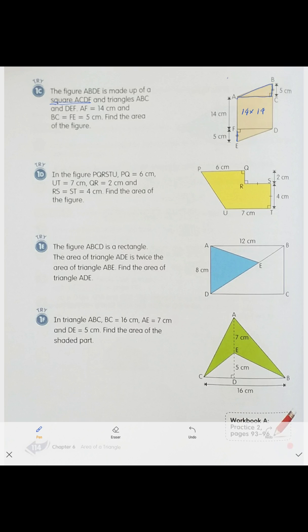Area of triangle: 1/2 times 5 times 14. This triangle is totally the same. 1/2 times 5 times 14. Yeah, you find this area, you find this area, you find this area, you put them all together, and you're supposed to get an answer of 266 square centimeters. All right. Next one.